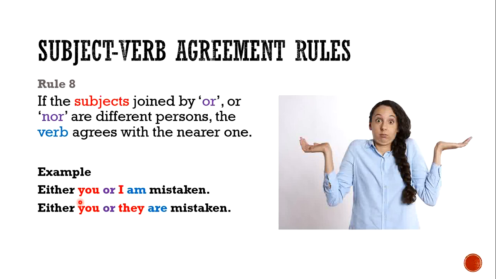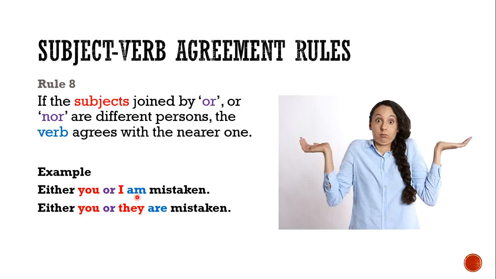In this next sentence, either you or they are mistaken. Now, this one is nearer to the verb. This is plural and the verb is also plural. This one is singular.